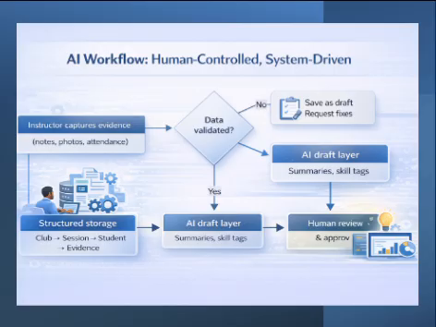First, the structure captures real-world activities, things like notes, photos, and attendance. These are captured during the session when the session happens, and those information are then stored in the system in a structured way.